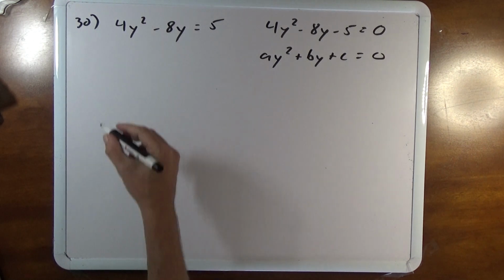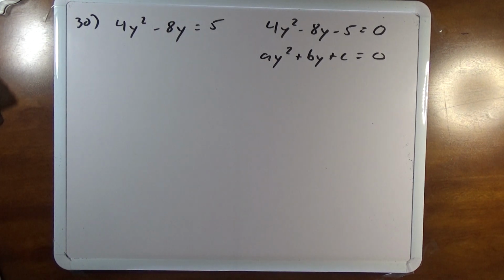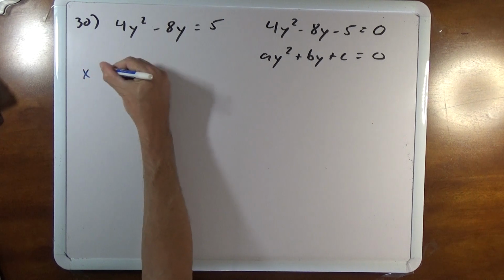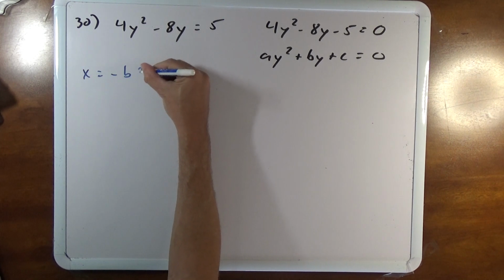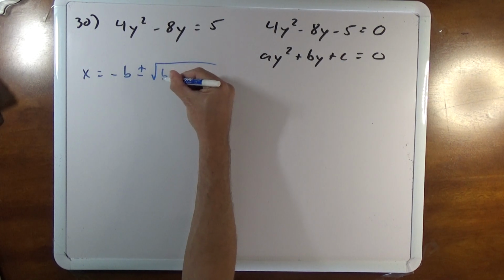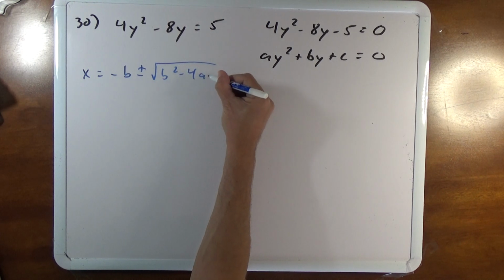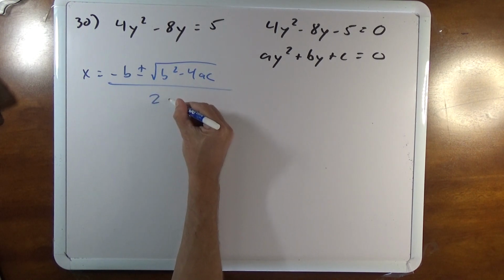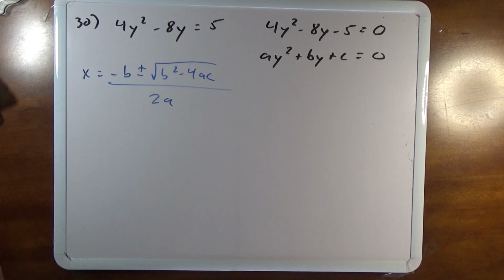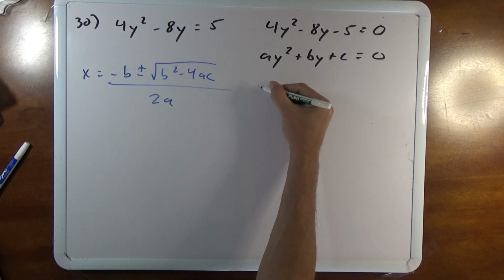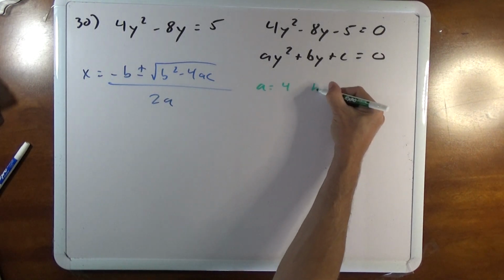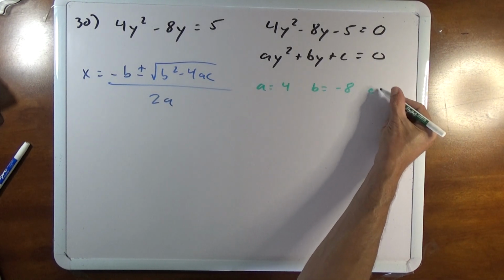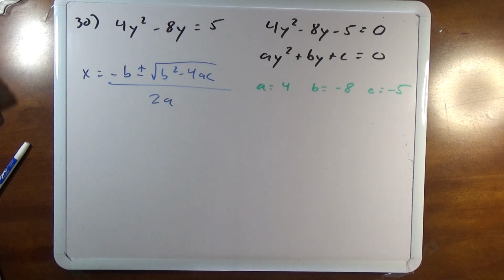Okay, I'll write our quadratic formula. X is equal to the opposite of b plus or minus the square root of the quantity b squared minus 4ac, all divided by 2a. So in our case, a is equal to 4, b is equal to negative 8, c is equal to negative 5.